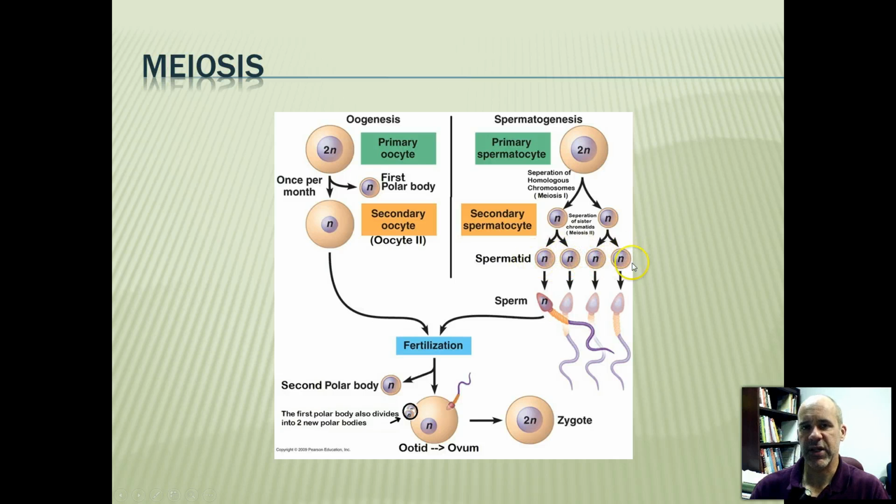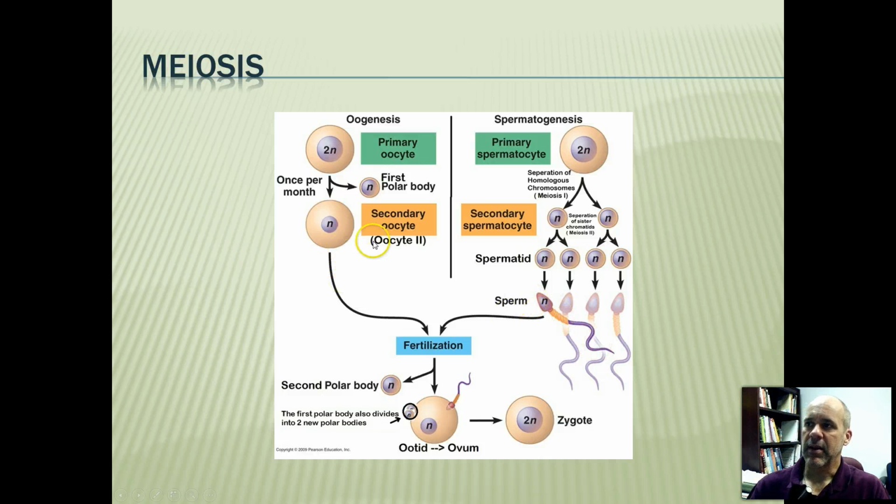So those are still round-shaped cells, but now they just have a single copy of each of the 23 chromosomes from dad. There's no more cell division, no more meiosis taking place, but each of these undergoes a big change process and takes on the characteristics that we recognize of sperm cells, with the head and the midpiece and the tail, so that they can swim around and try to find an egg to fertilize.